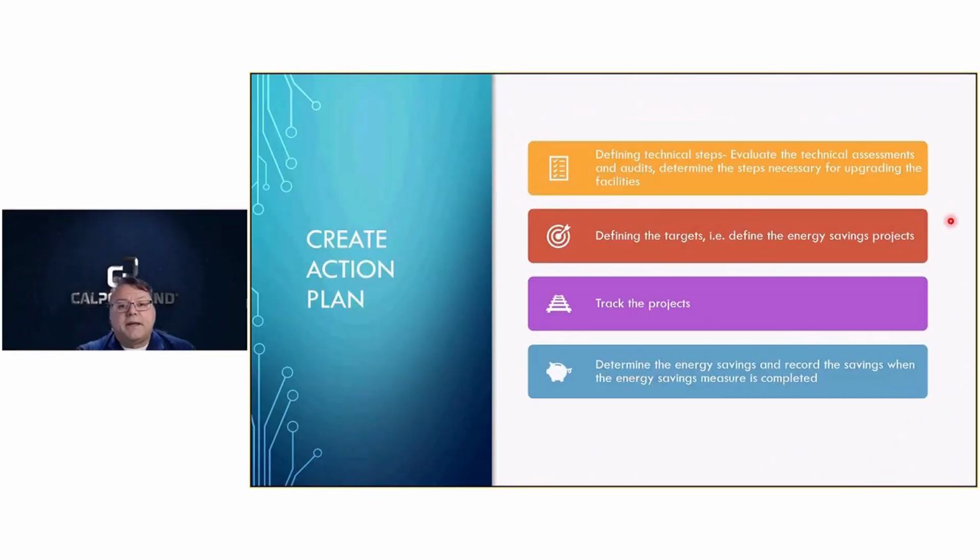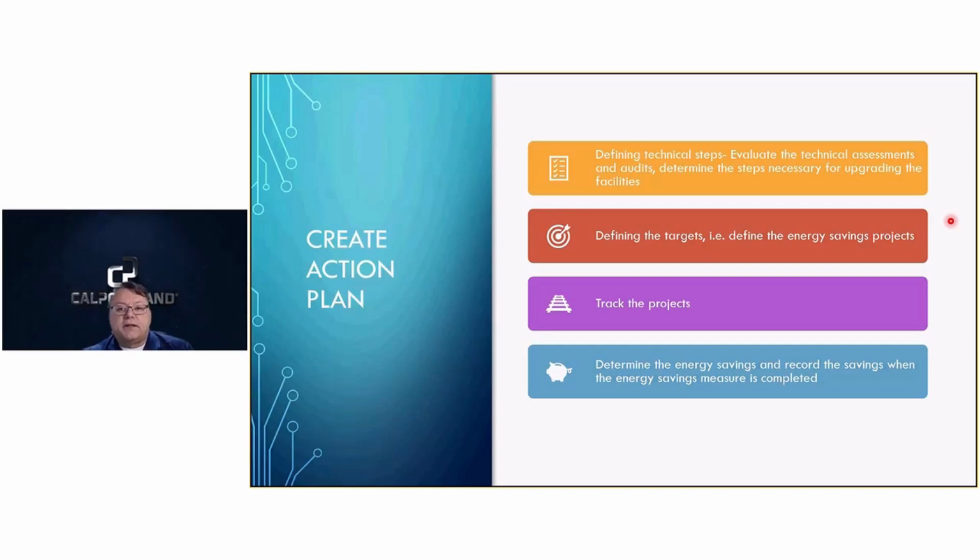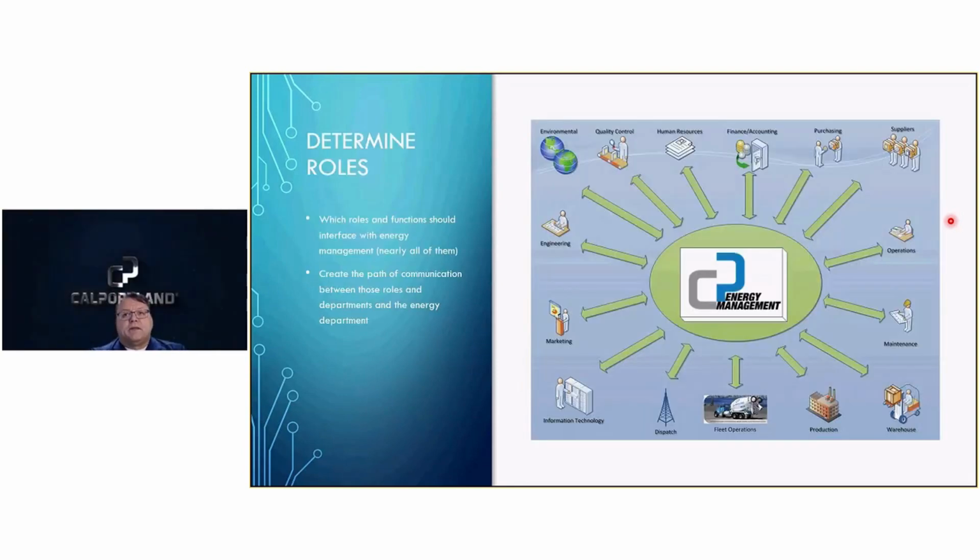We've got an action plan. We evaluate our assessments, we look at our audits, we create projects from those audits, we track the projects, we look for those energy savings, and record the savings when we're done. There's a multitude of things that we're doing to make sure that action plan is in place. We have energy managers, and as an energy management group, we're linking with about every different part of the company.